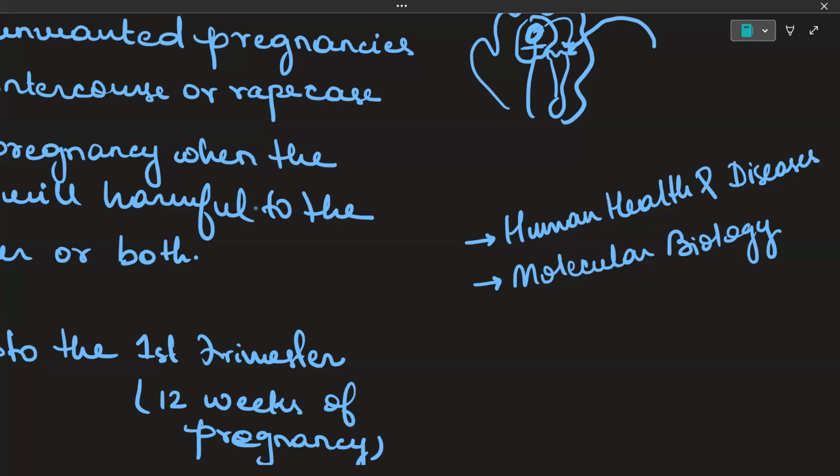Oh yeah, I also have one news. Today was supposed to be my biology practicals, okay? It got postponed because the external examiner didn't reach over here.